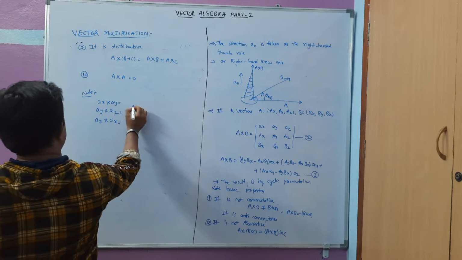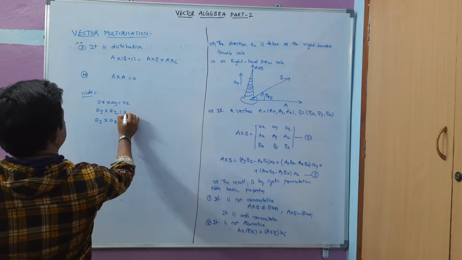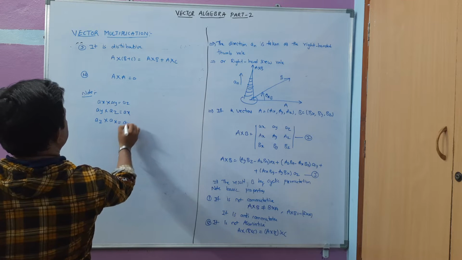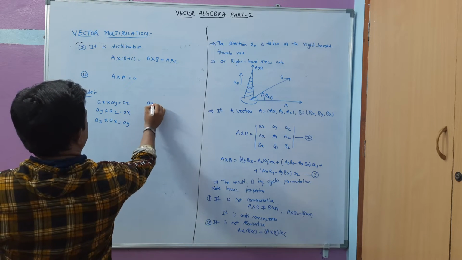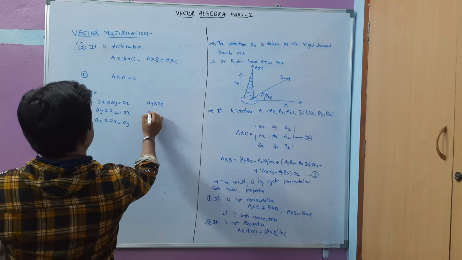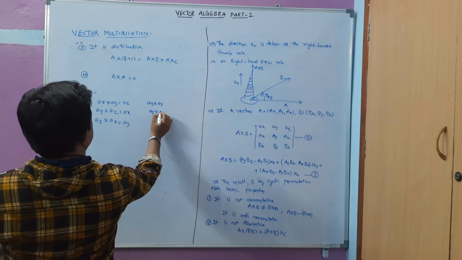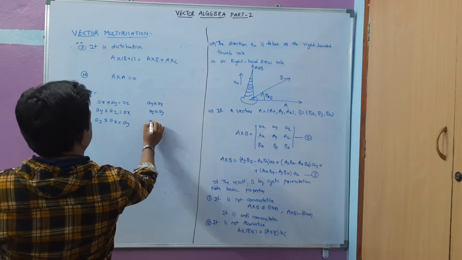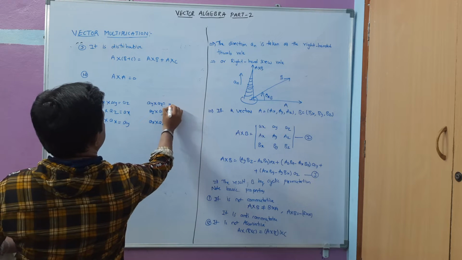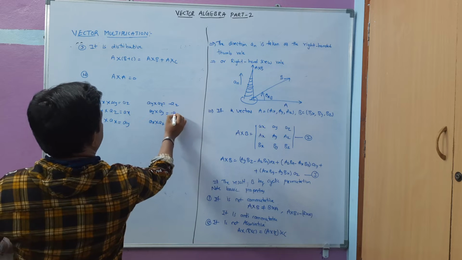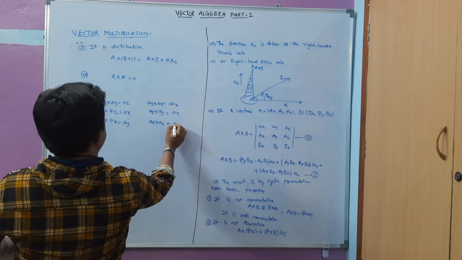AX cross AY is AZ. Similarly, if I reverse this one, AY cross AX, AZ cross AY and AX cross AZ, it will give me the negative result, that is minus AZ, minus AX, minus AY.